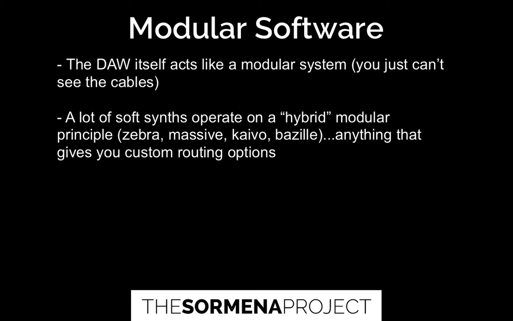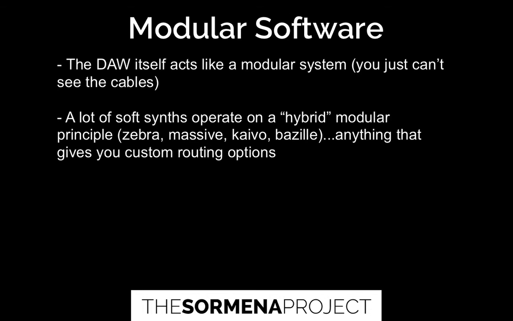We looked at Kaivo a little bit in physical modeling. As you saw, to set up the modulators, I had those virtual patch cables where I was just moving things around. And then we have another instrument from U-he, Bazille, I'm not sure how you actually say it, which again uses a lot of these virtual cables to patch things up, which gives you a little bit more flexibility and a little bit more sonic possibilities than if you just had something that was hardwired.